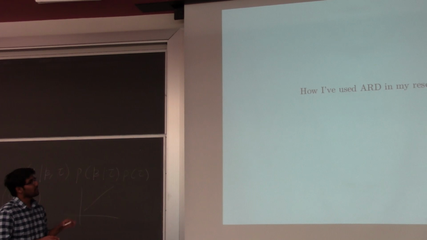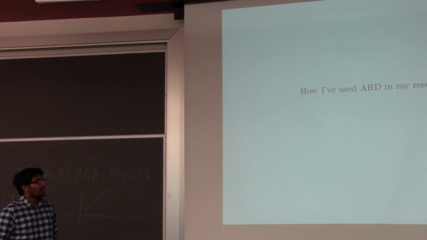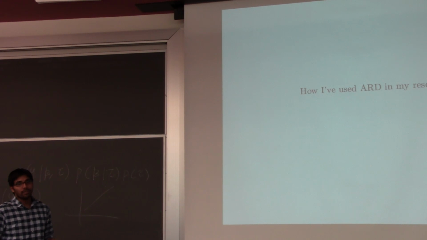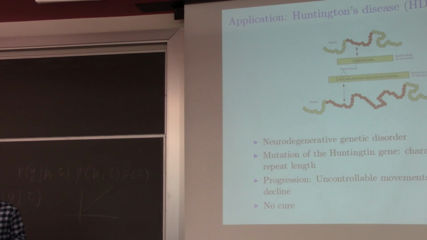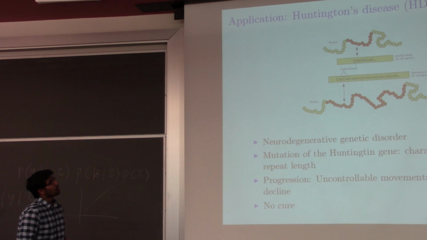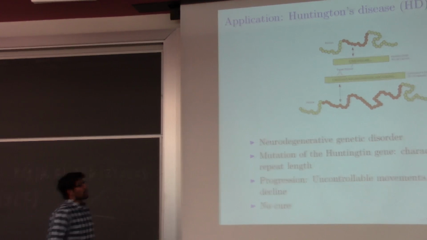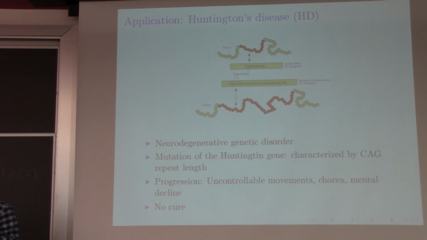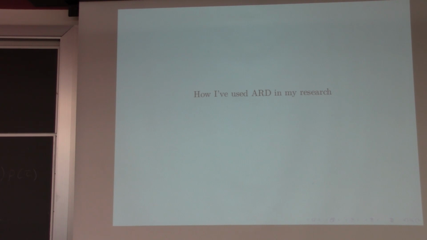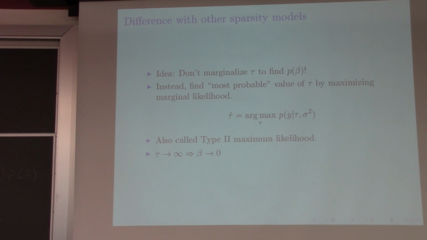Right. So this is actually related to a presentation I gave a week ago at the conference, so I'm just going to talk about that. One of the applications I look at is Huntington's disease. Where does this relevance come in? Right. So yeah, I should have mentioned that, but thanks for doing that.